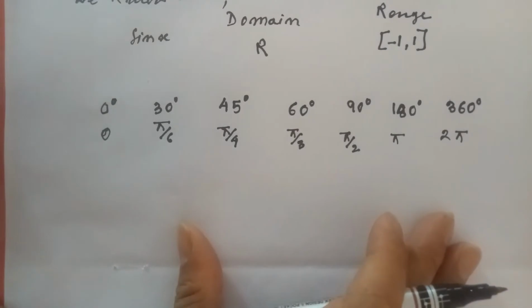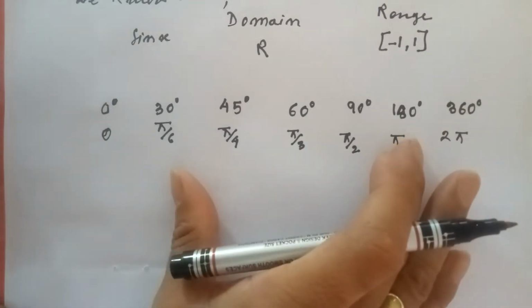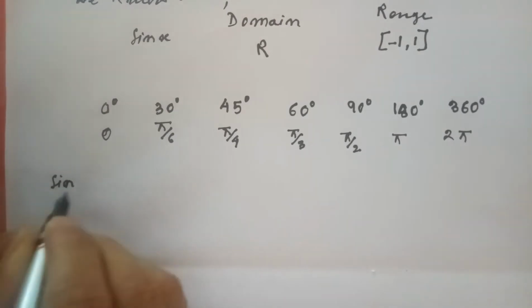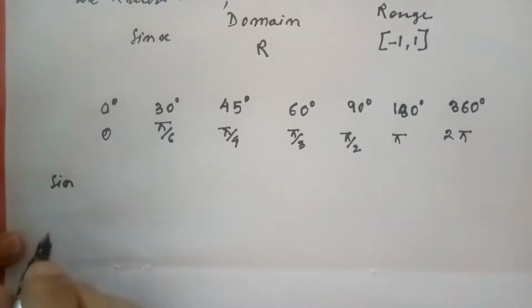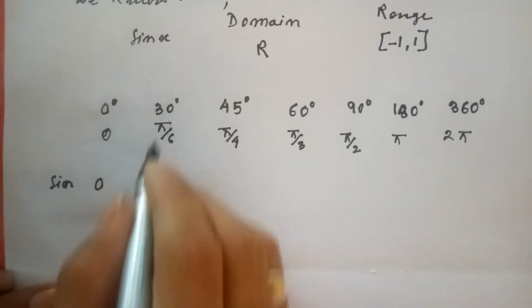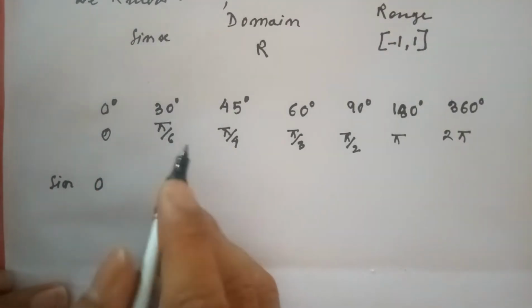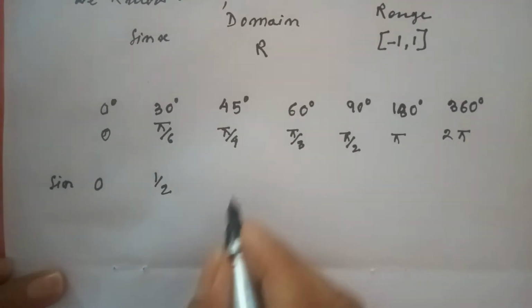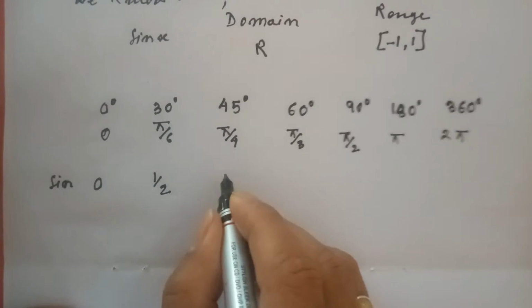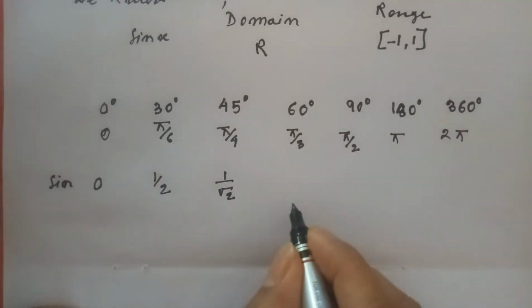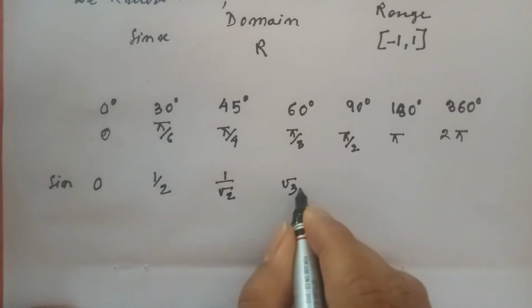Here I am going to write some common values of sin x. Sin 0 degree is 0. Sin 30 degree, which in radian is pi by 6, is 1 by 2. Sin 45 is 1 by root 2. Sin 60 is root 3 by 2.